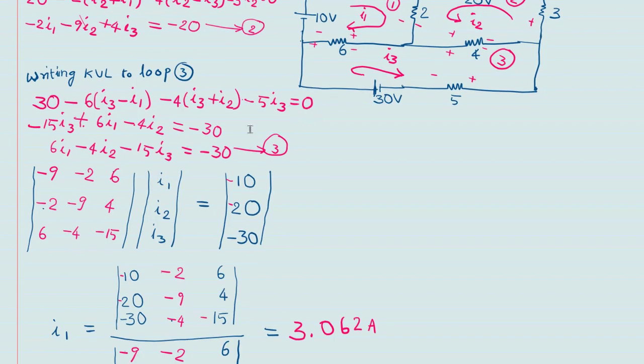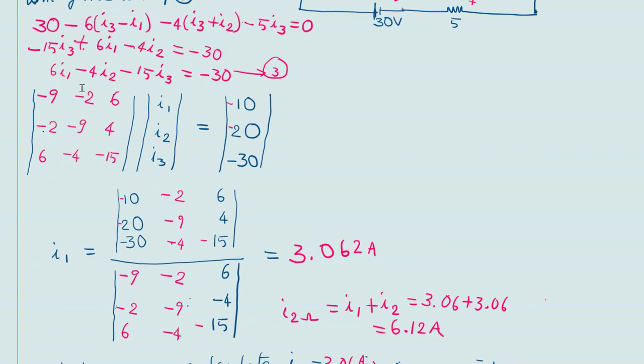Then you simplify this equation, then we get minus 15I3 plus 6I1 minus 4I2 is equal to minus 30. So simplifying this loop 3 equation, we get 6I1 minus 4I2 minus 15I3 is equal to minus 30, and we say this is equation 3.